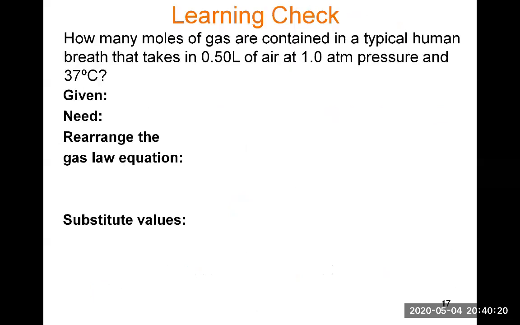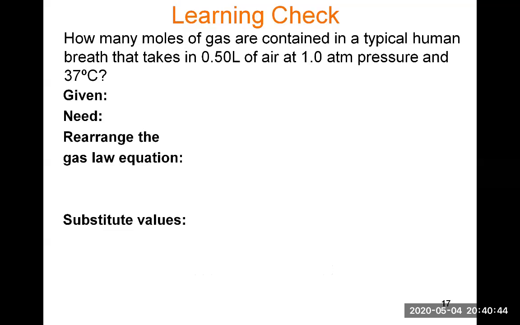So let's go through a learning check. The problem says, how many moles of gas are contained in the typical human breath that takes in 0.50 liters of air at 1.0 atmosphere pressure and 37 degrees Celsius?